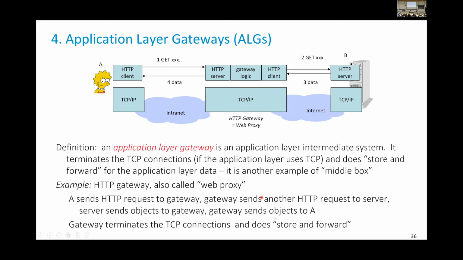So this is an example of what we call store and forward. Here there are two TCP connections: from the client to the web proxy, and from the web proxy to the final server. Many web browsers allow you to configure a web proxy. This is done by some companies here. It has a number of reasons that we'll see.